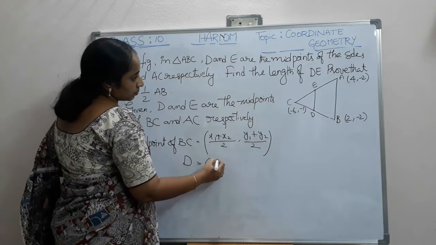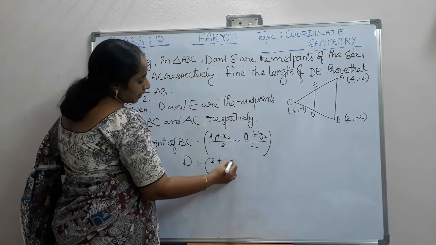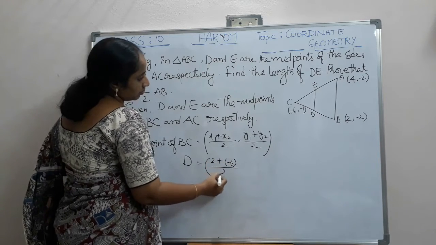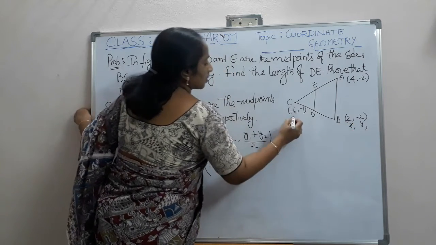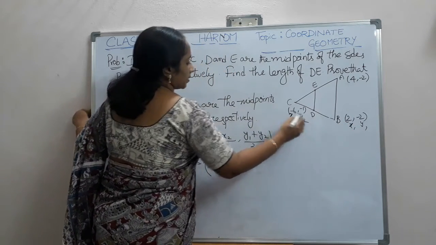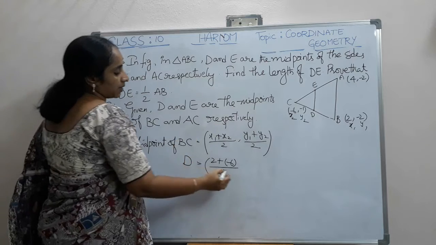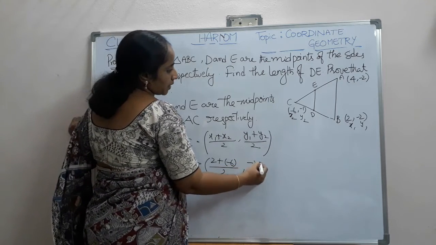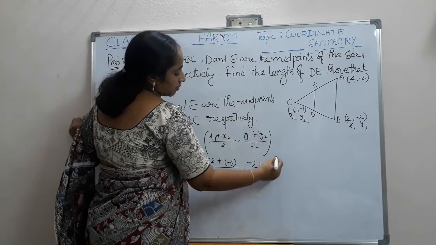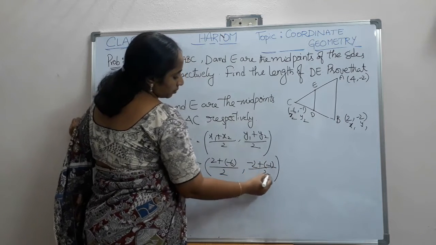2 plus of minus 6 by 2, with x1, y1, x2, y2. 2 plus of minus 6 by 2, y1 is minus 2 plus of minus 1 by 2.